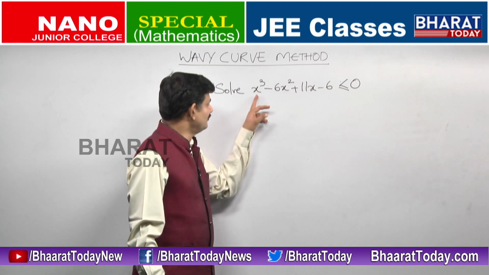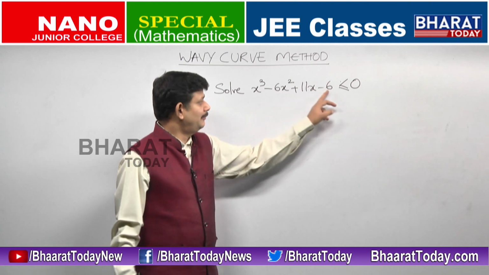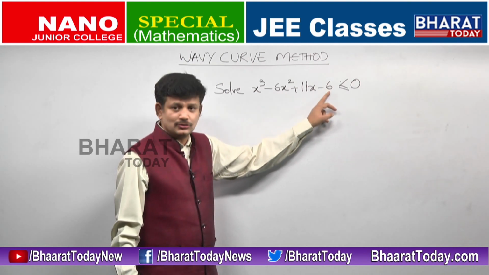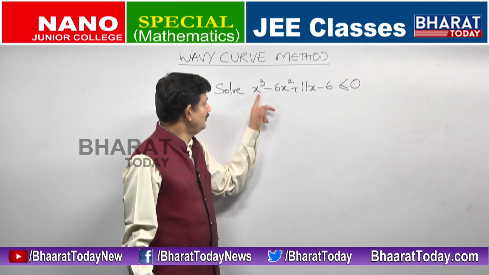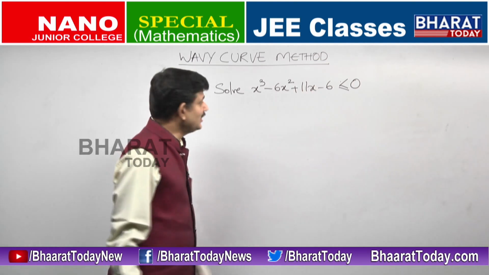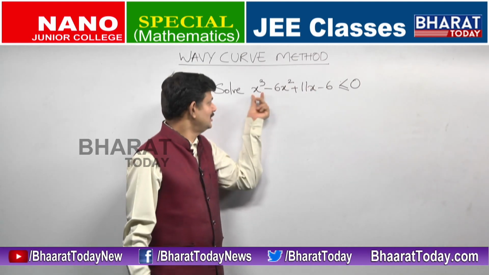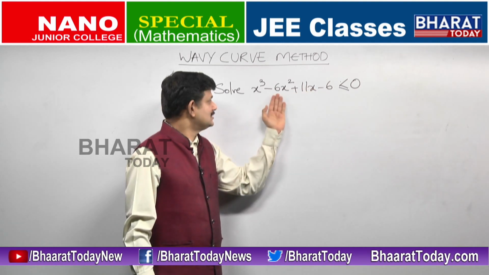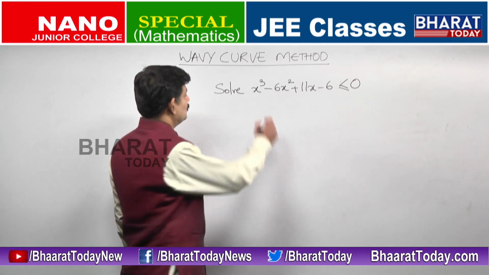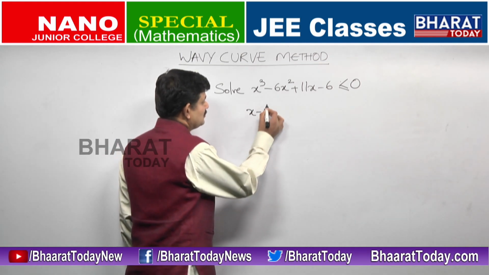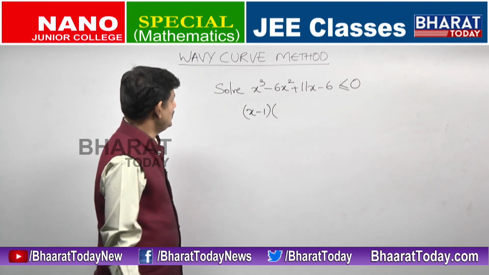No. Substituting 1 in place of x, 1 plus 11 is 12, and minus 6 minus 6 is minus 12. So 12 minus 12 is 0. So 1 is satisfying that equation. So x minus 1 is a factor.